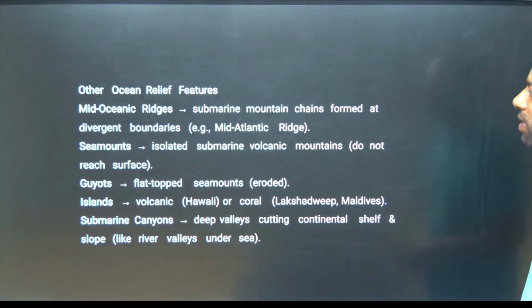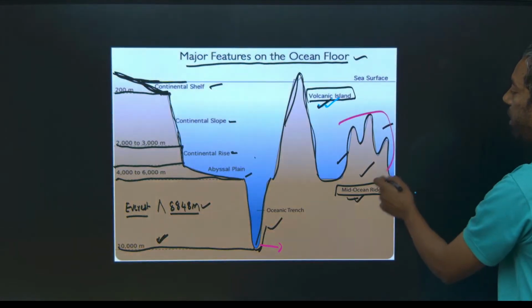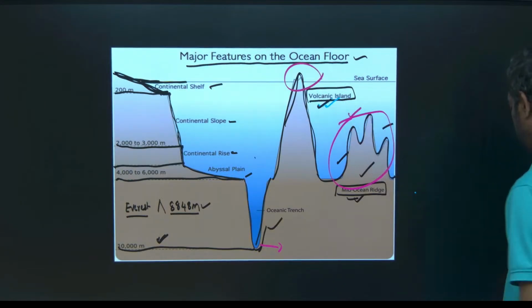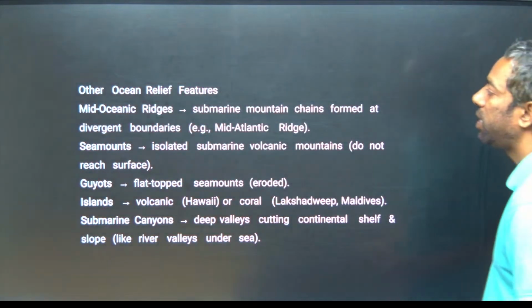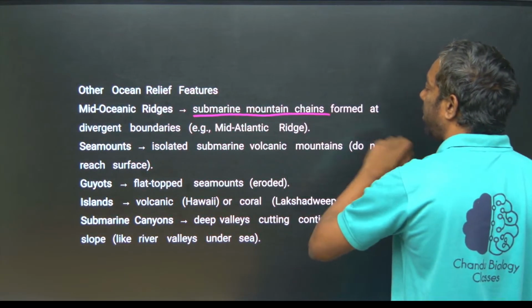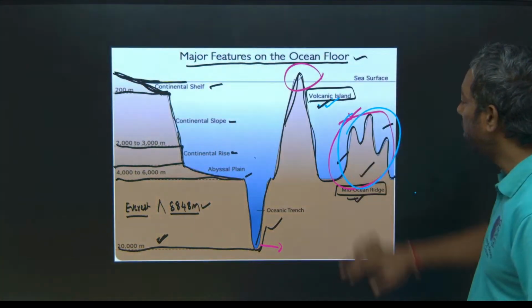The other ocean reliefs: mid-oceanic ridges. This is the volcanic activity. Mid-oceanic ridges are submarine mountains, the mountains in the ocean.